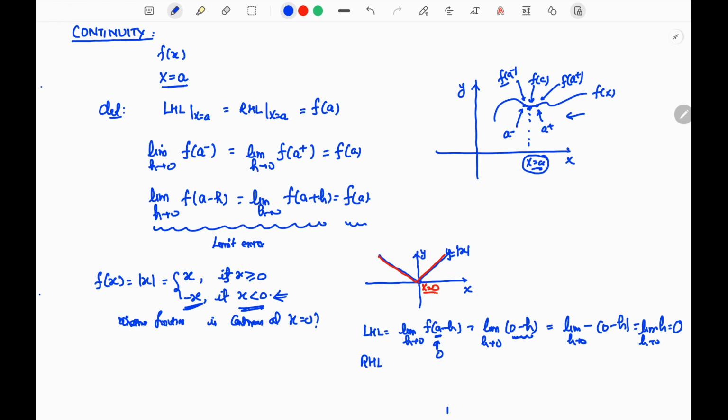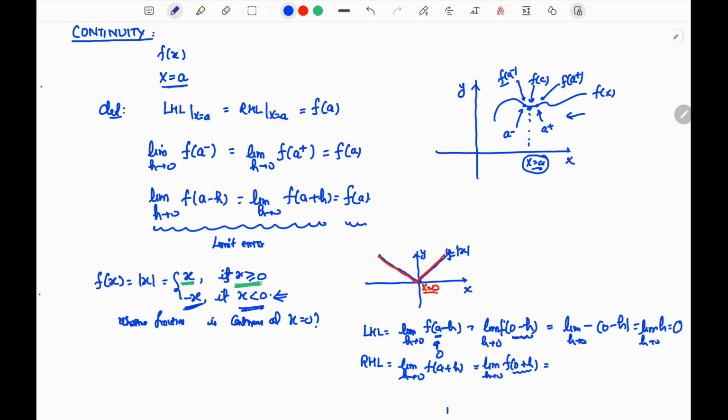Similarly we can find the right hand limit. This is limit h tends to 0 of f(a plus h), a is 0, the point where we have to find the limit, so it is limit h tends to 0 of f(0 plus h), and because 0 plus h is greater than 0, we will go to the definition where x is greater than or equal to 0 and the value of the modulus function is x.